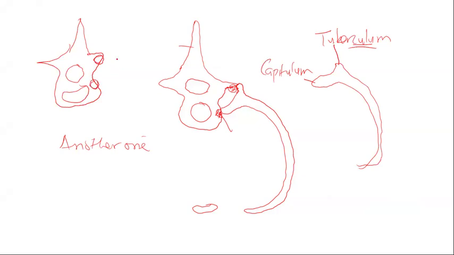The facets are planar surfaces which bones use to articulate with other bones adjacent to it. And the term articulate, we will be using it largely to refer to joining. If I say this bone is articulating with this bone, I simply mean this bone is joined to this other bone at that point.